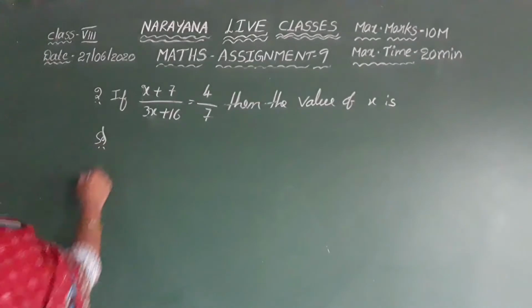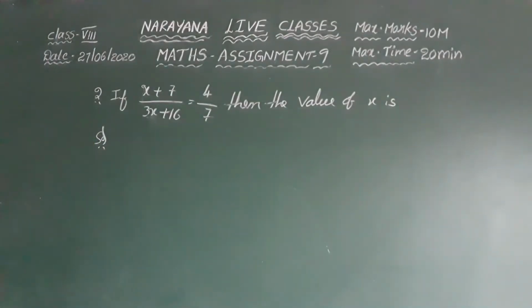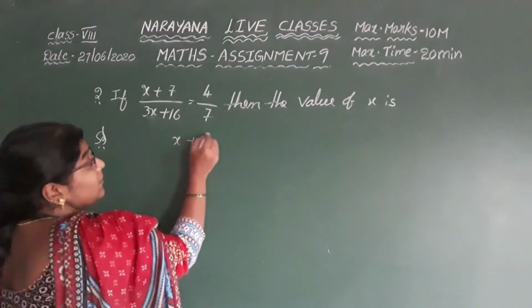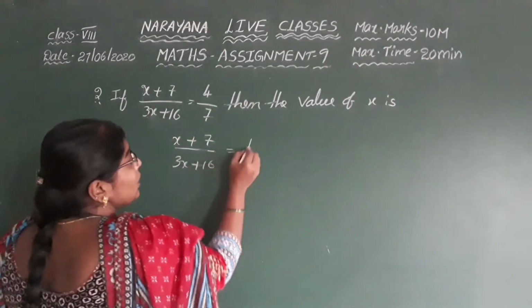Here, what is given in the question: (x + 7)/(3x + 16) = 4/7.